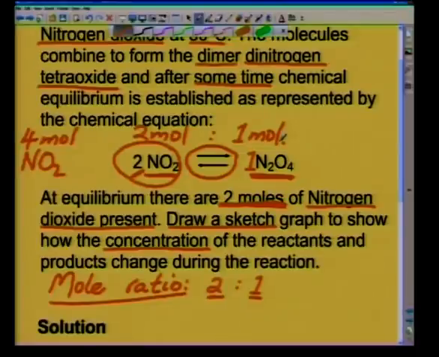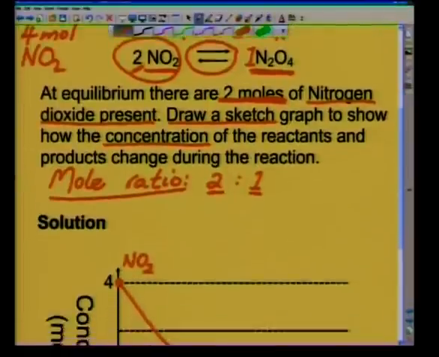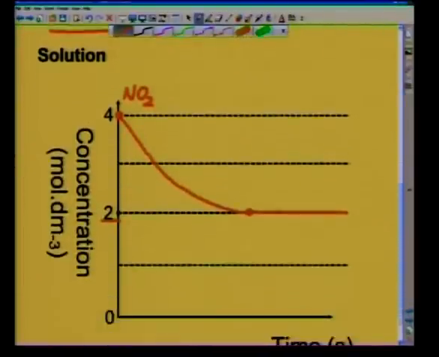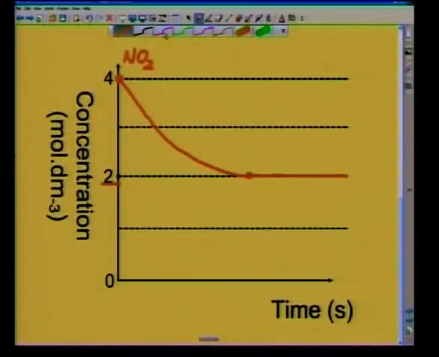Therefore, when I come to look at the dinitrogen tetraoxide, where we started with no concentration, because this was the product, it was nitrogen dioxide molecules reacting together to give us the dimer.